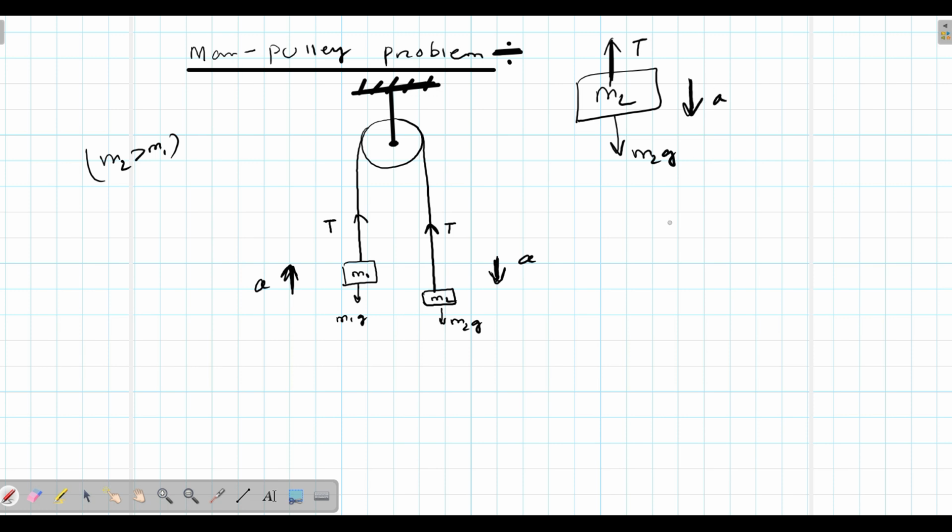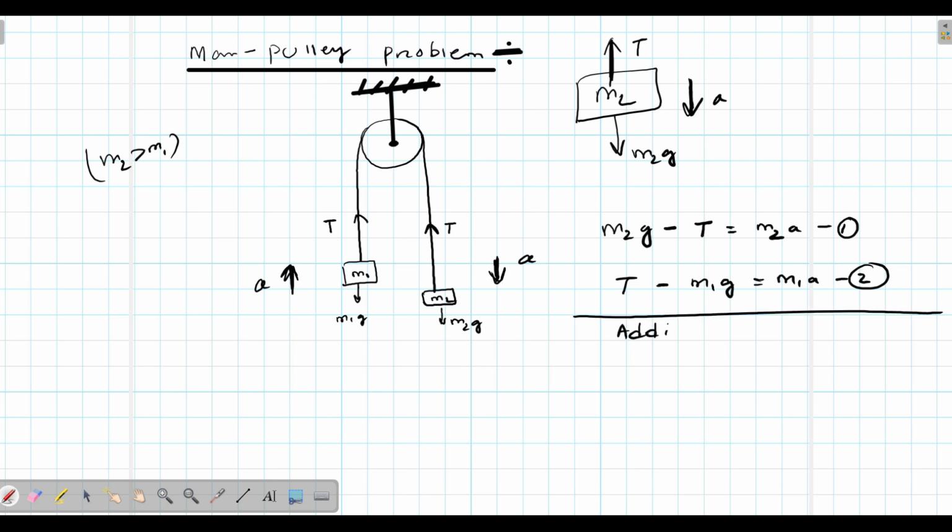So what will be the equation? m2g minus T equals m2a, first equation. For m1, T minus m1g equals m1 into a, that is the second equation.